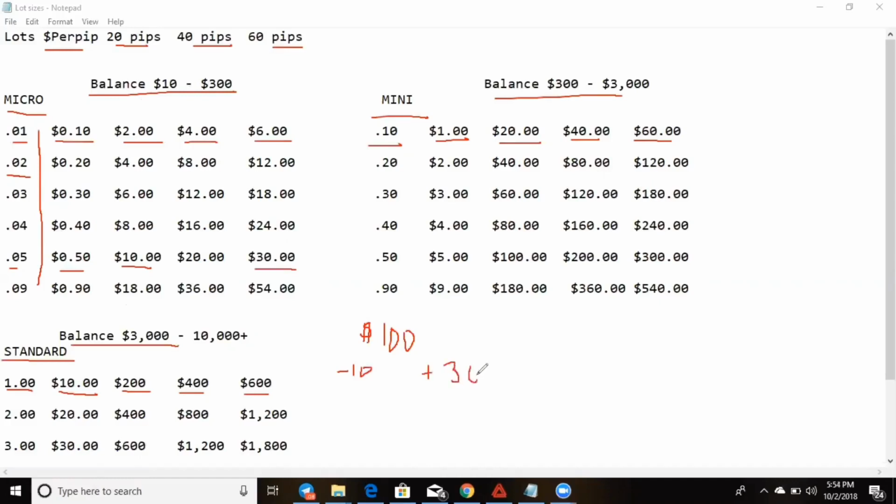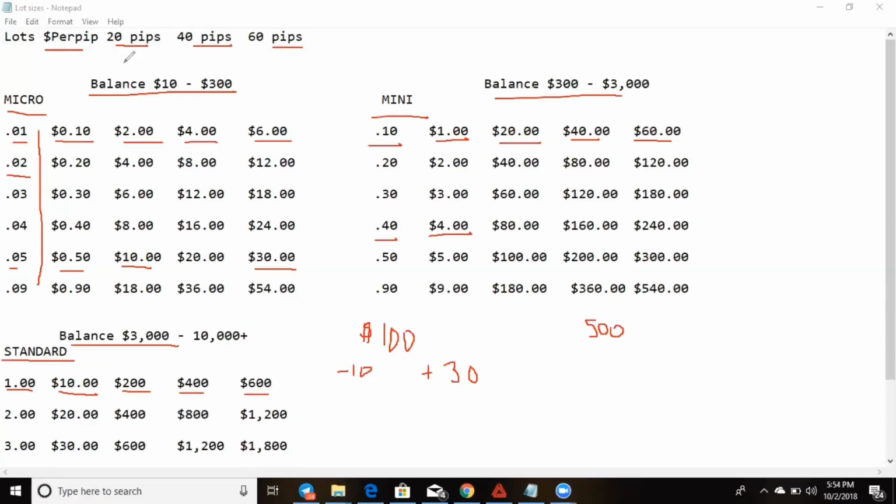On a bigger balance, let's say we have $500 here, and we are looking to risk 0.40, which is represented as $4 per pip.